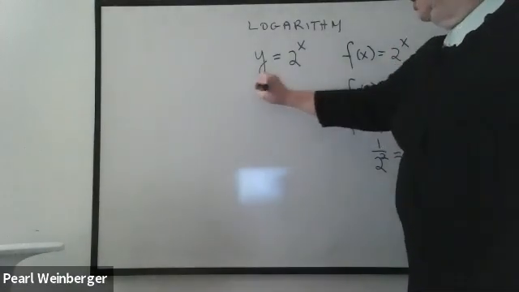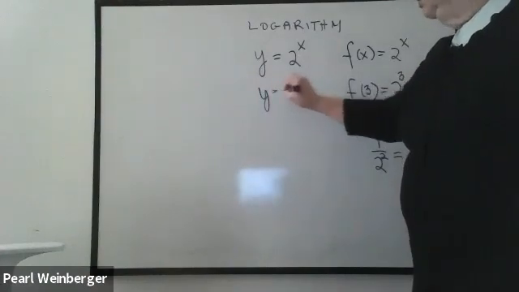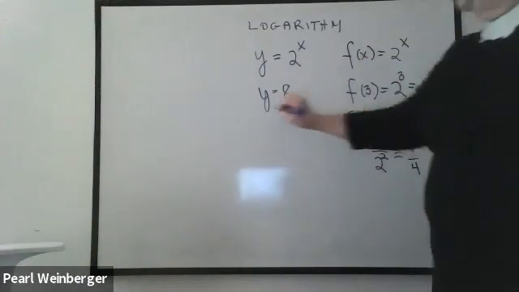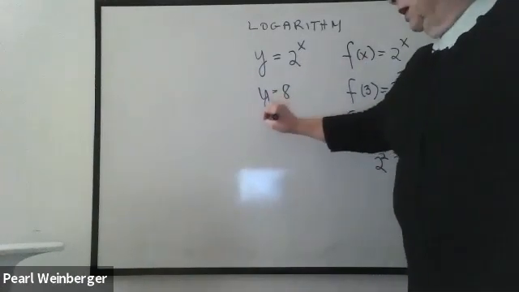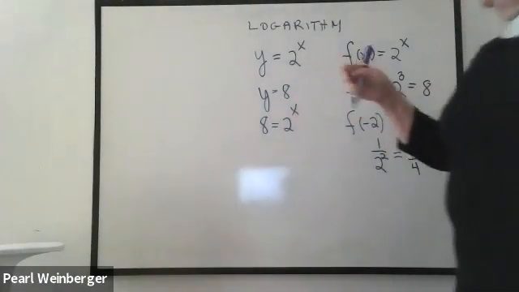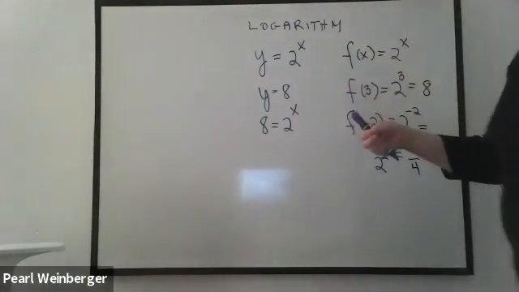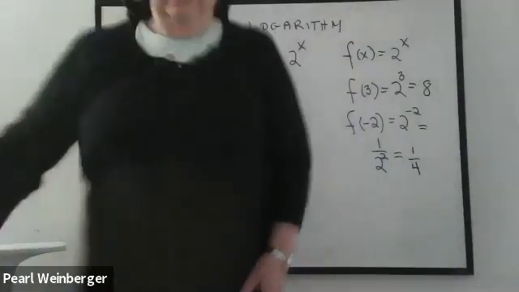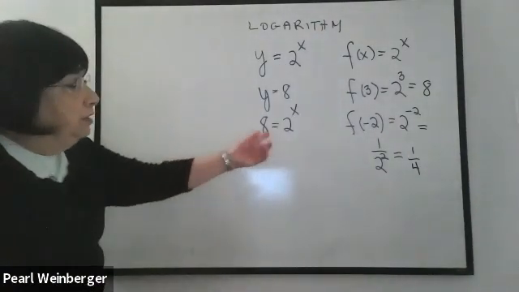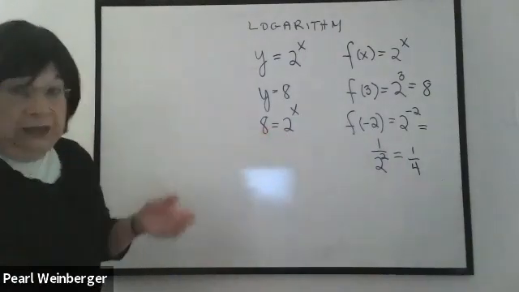Suppose I told you that y is equal to 8. Could you give me the x? Well, then I would be doing 8 equals 2 to the x. And I'm basically giving you the answer and asking you, what is the exponent that I should put to 2 in order to get to 8?